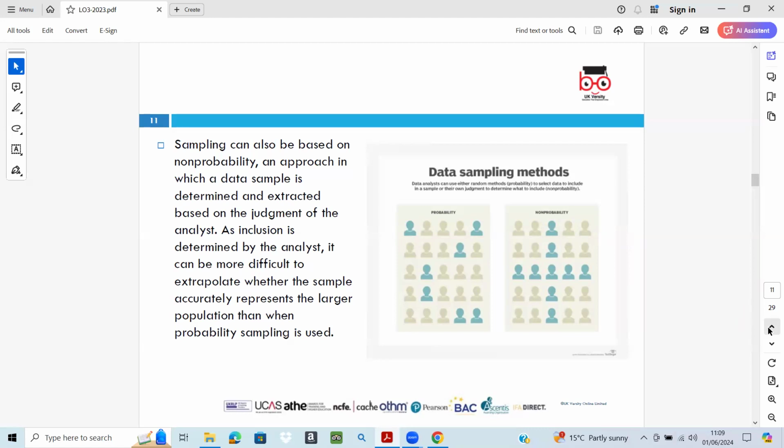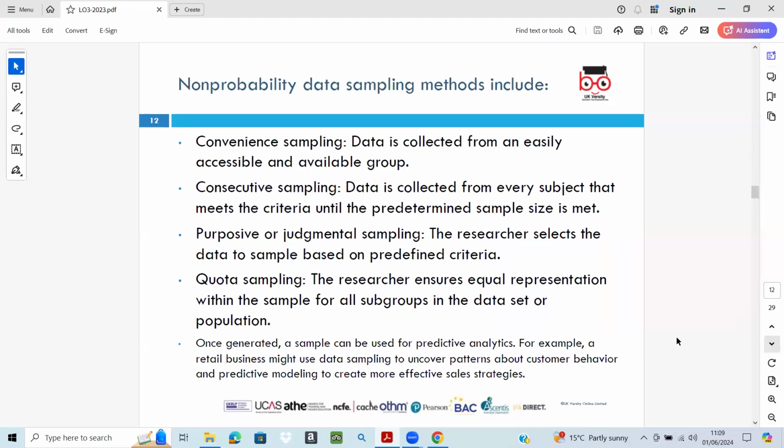Move to the next slide. Okay, so here we need to discuss the methods and predictive analytics. Non-probability data sampling methods offer various techniques for selecting data points based on judgment, convenience, or predefined criteria.